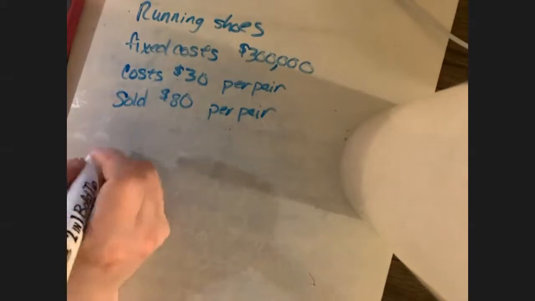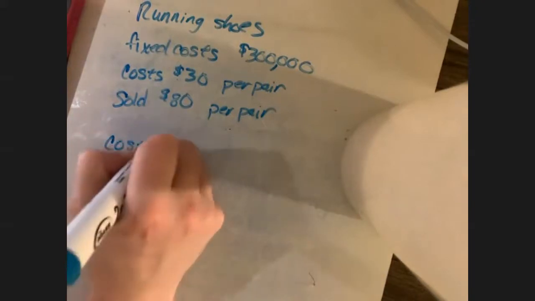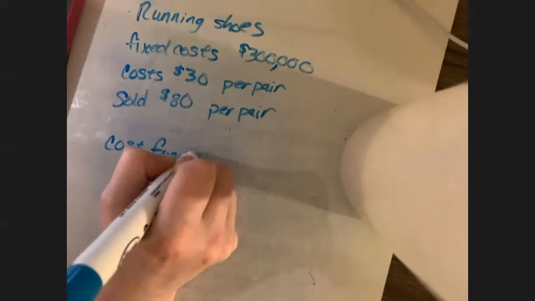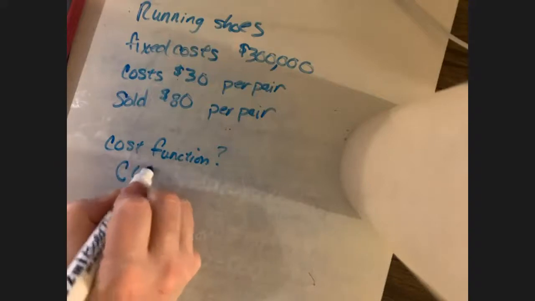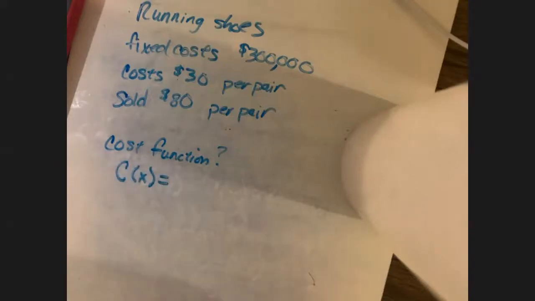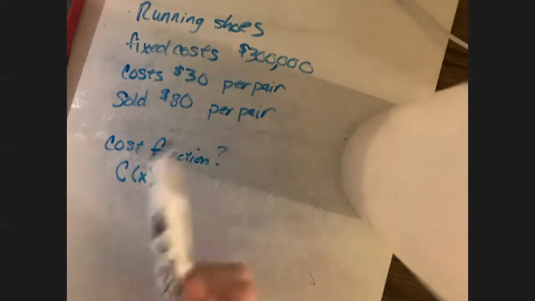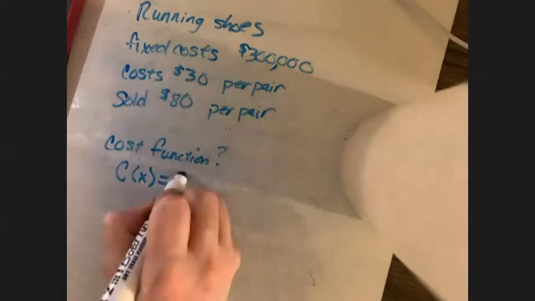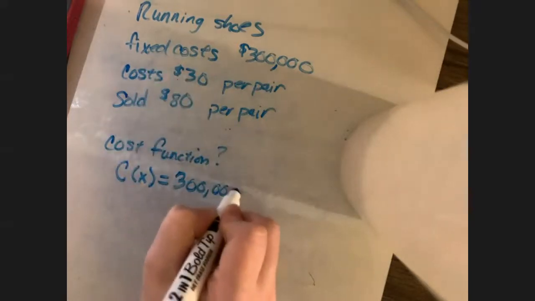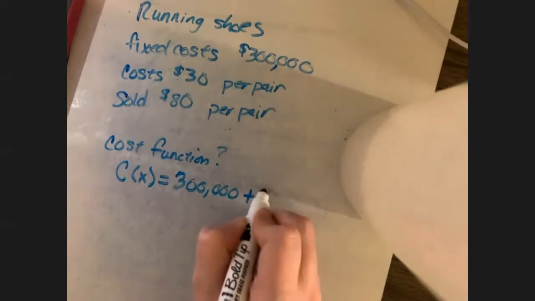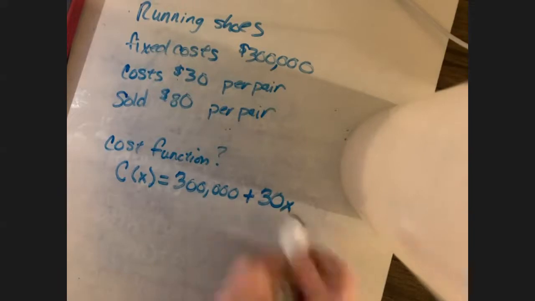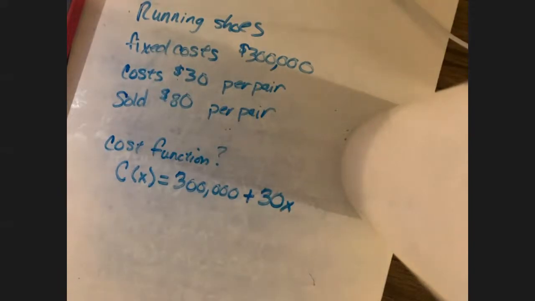Now, the first thing it asks is, what is my cost function? So, from the previous information, I said it is fixed cost, so that's my $300,000 plus the cost per pair, which is 30, and then I put an X on that per pair part.